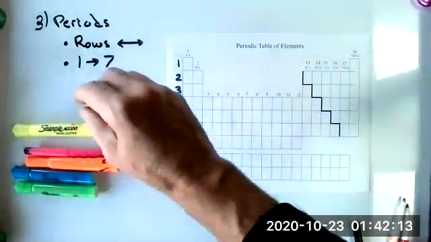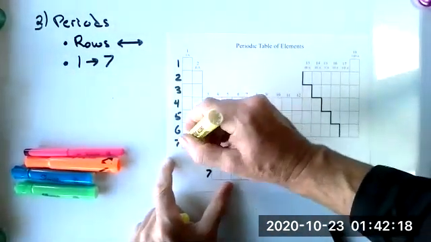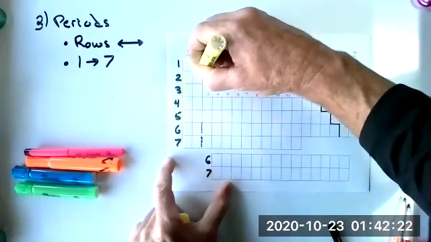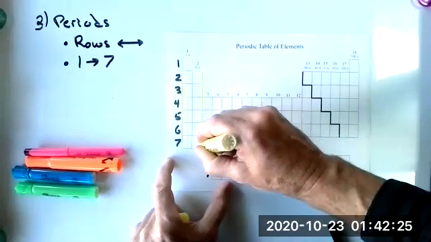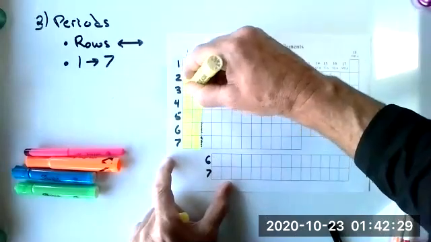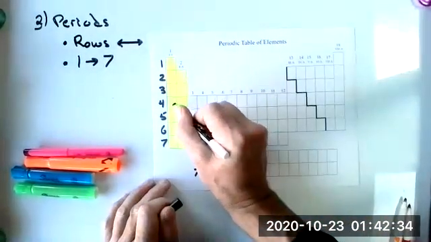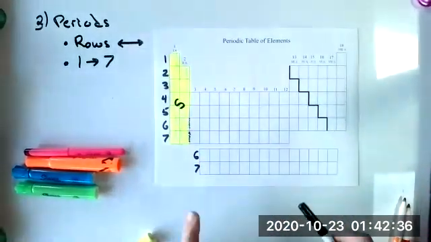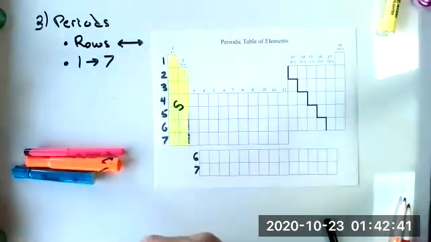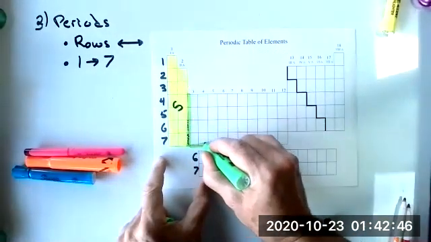Okay, watch this. My friends, this part of your table is actually filling and using the S sublevel. This middle part of your table is actually using a different sublevel.